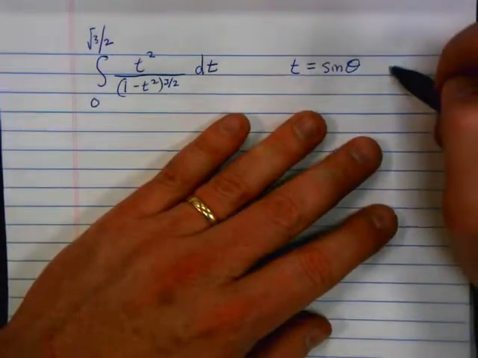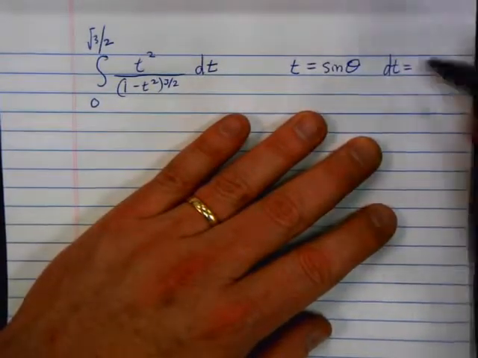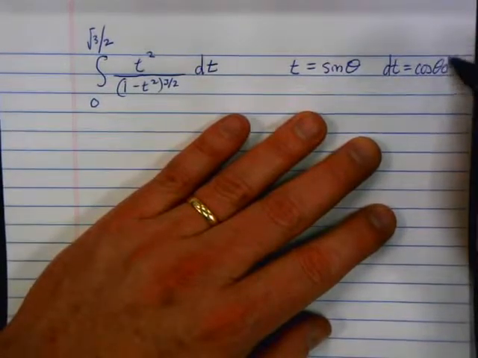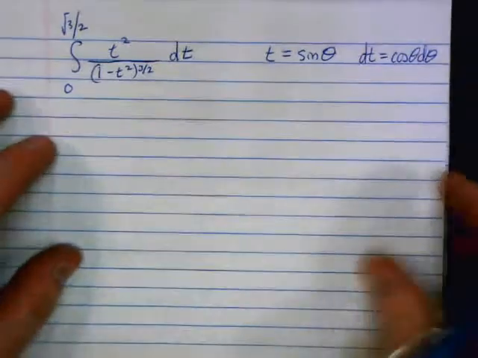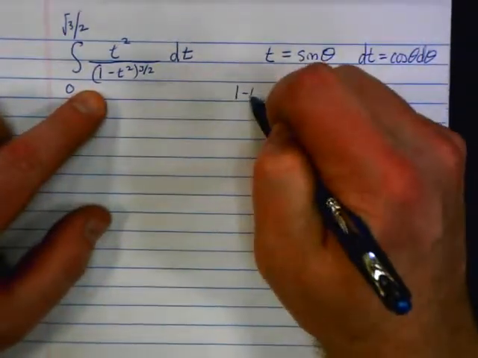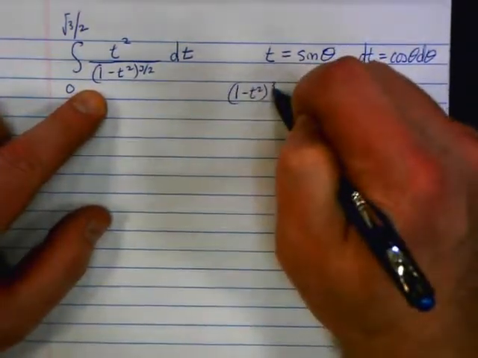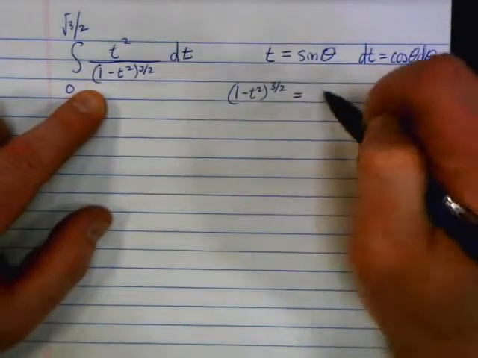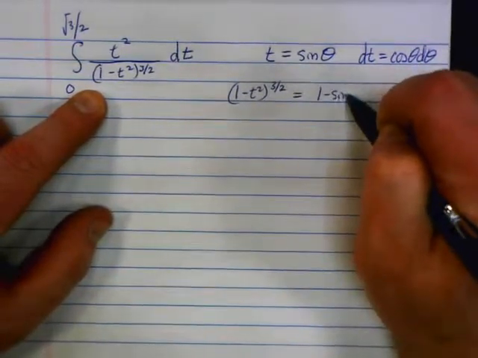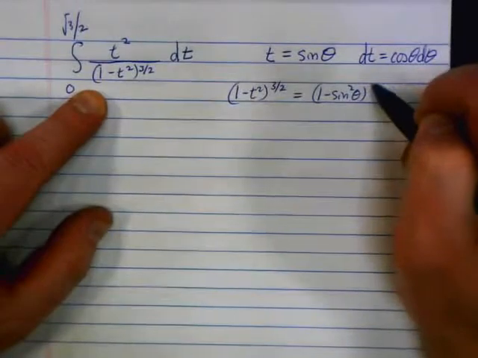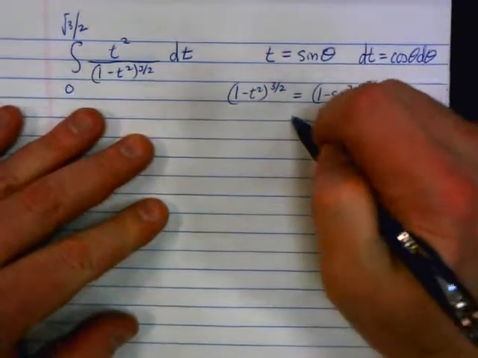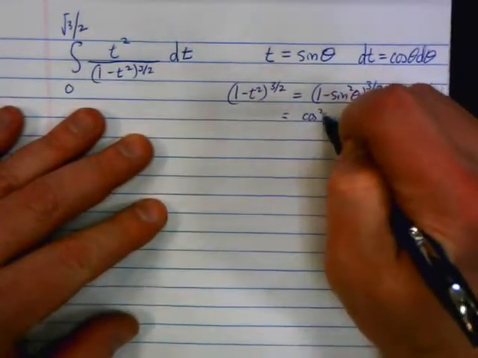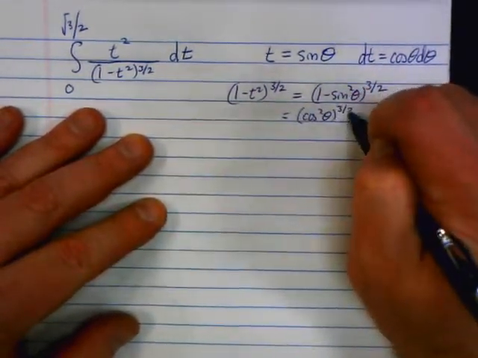Okay, so well that's pretty handy because that means when I go to plug it in, dt is just going to be cosine theta d theta. And finally, 1 minus t squared to the 3 halves is going to be 1 minus sine squared theta to the 3 halves. What's 1 minus sine squared? Cosine squared. So that's going to be cosine squared to the 3 halves.